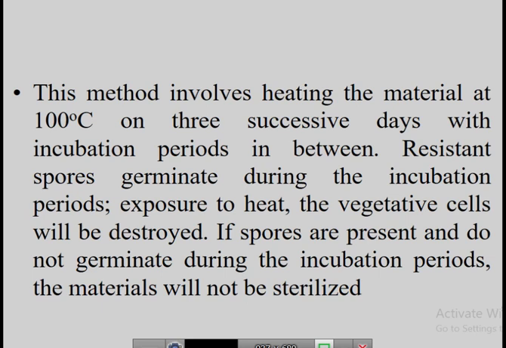But if the spores do not germinate, then it will not result in sterilization, because 100 degrees Celsius is not sufficient to kill endospores. 100 degrees Celsius can kill the vegetative cells. So during this incubation period, it is expected that these endospores have germinated and converted into vegetative cells, and vegetative cells will get easily destroyed when they are exposed to 100 degrees Celsius.